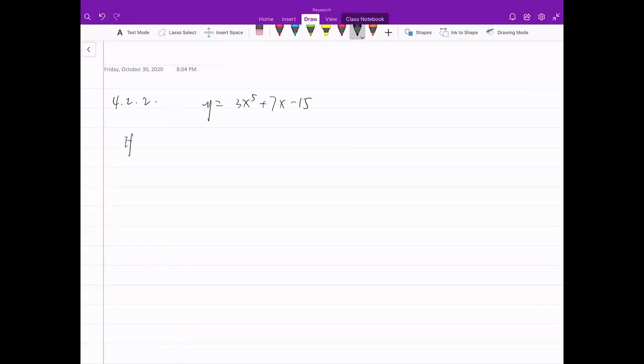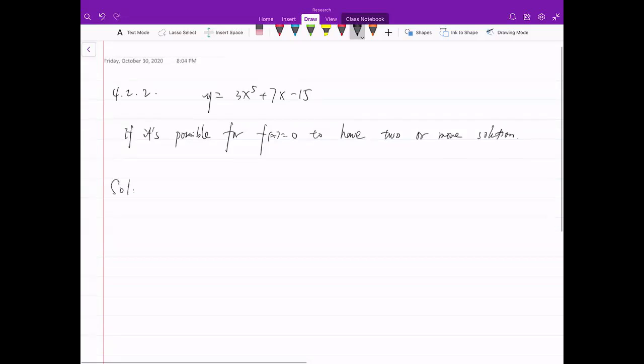If it's possible for f(x) equal to 0 to have 2 or more solutions. So I would say for a problem like this, you just follow the lead by the question, right?